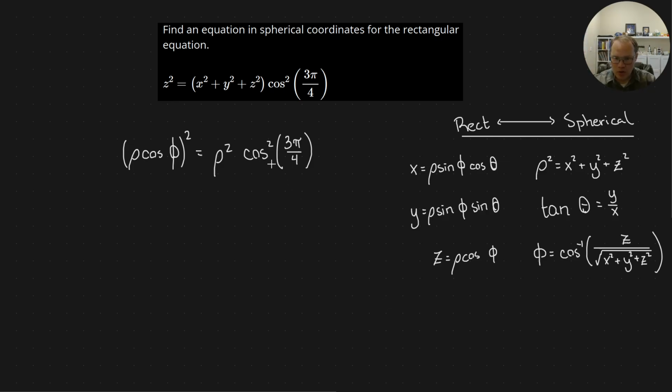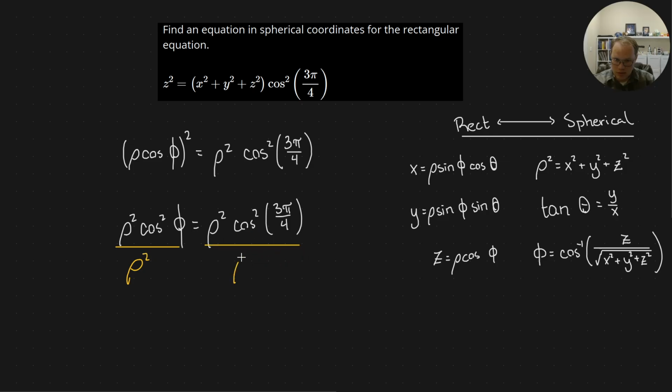Now, I could simplify this. You could find what cosine of 3 pi over 4 is and evaluate. But in this case, I think you'll find it a little bit easier if you don't. Because once I square the left-hand side, notice I have rho squared on both sides. So let's divide both sides by rho squared. That gets rid of rho squared on both sides.